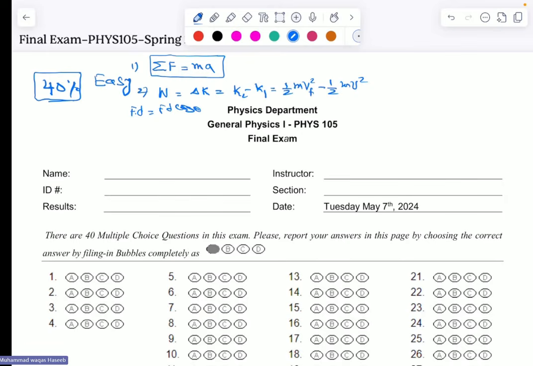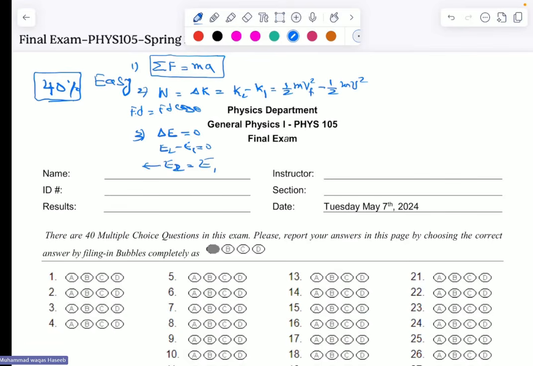Then we learned the conservation of energy. If there is no external force or no other work, then the change in energy equals 0, which means E2 minus E1 equals 0, so E2 equals E1. So what are E1 and E2?